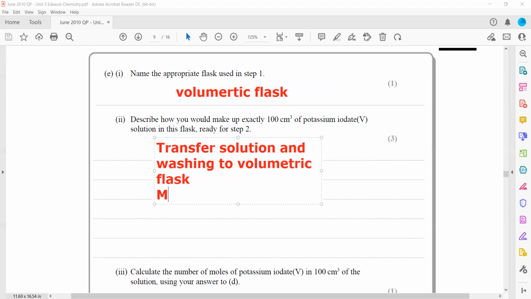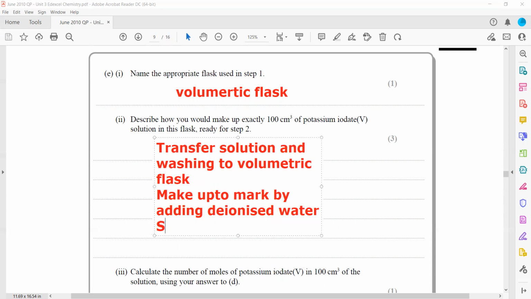And then we will make up to the mark by adding distilled water, or deionized water, you can also say.